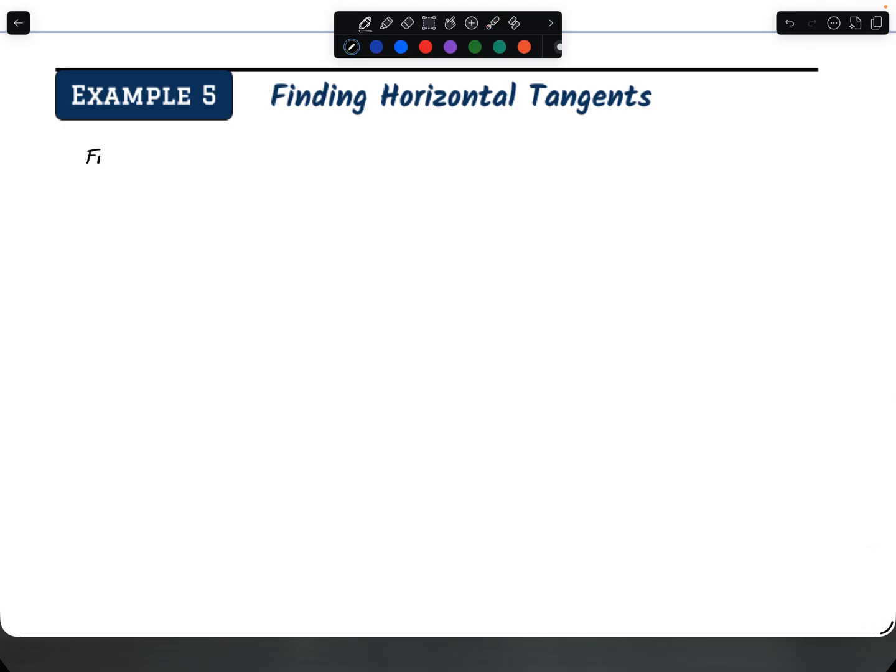Find all points on the graph where f of x is equal to 2x cubed minus 12x squared plus 1 has a horizontal tangent line.